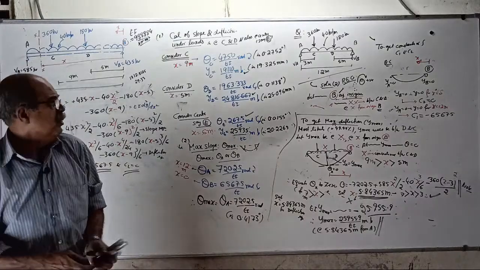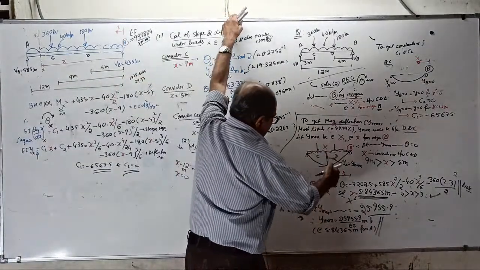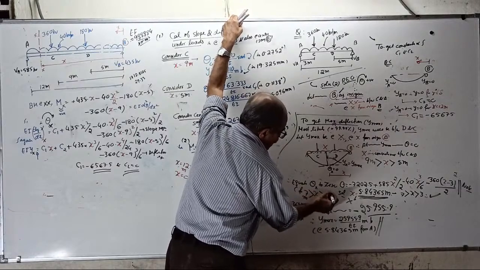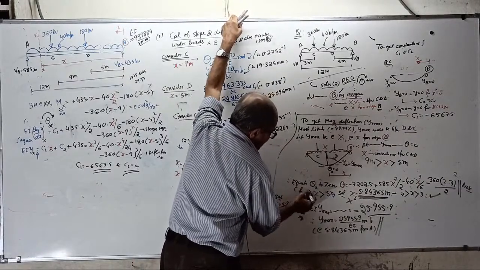Right, okay. Now, same theory. Equate theta to 0 for x more than 5 meter, less than 9 meter.